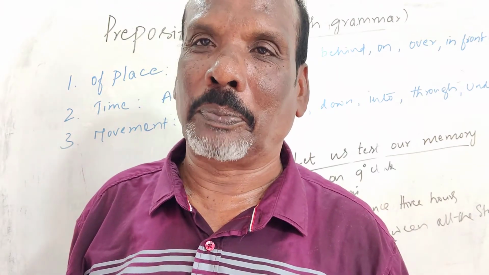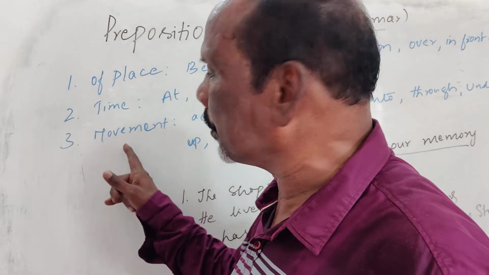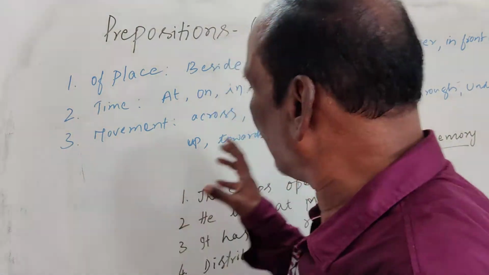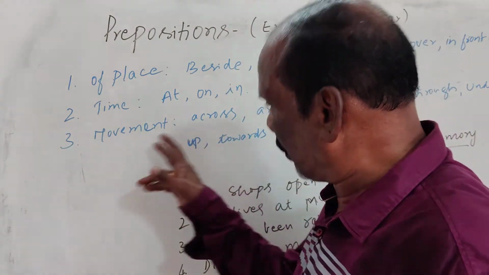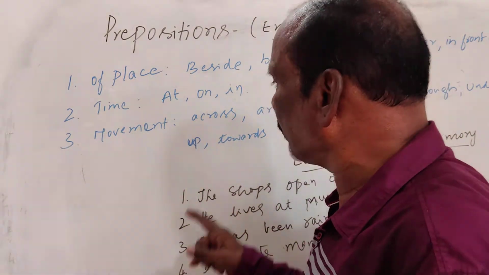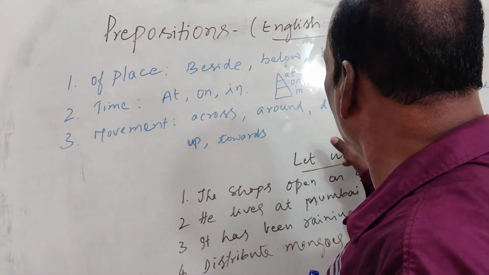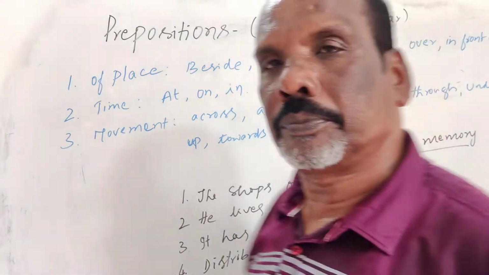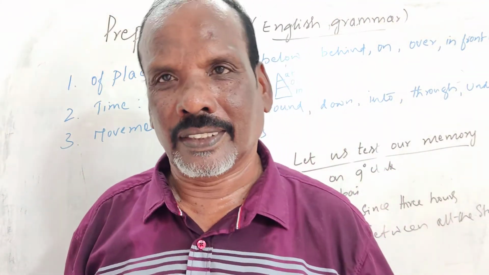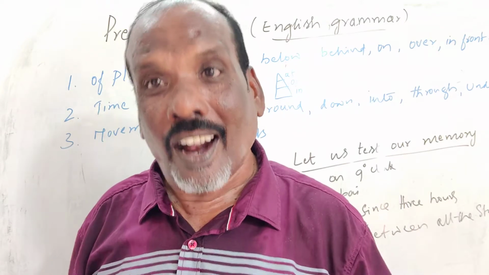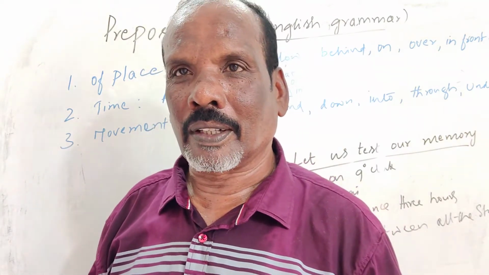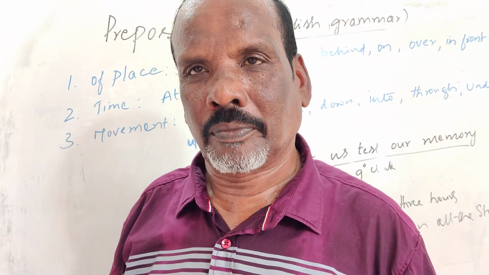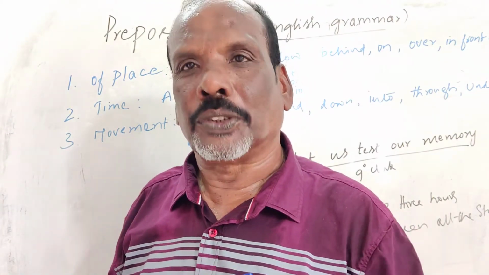These are the prepositions which are used to show the direction or the movement. There is a mat under a table. Under a table. Right? The cat jumped off the table. Like that, we should use.